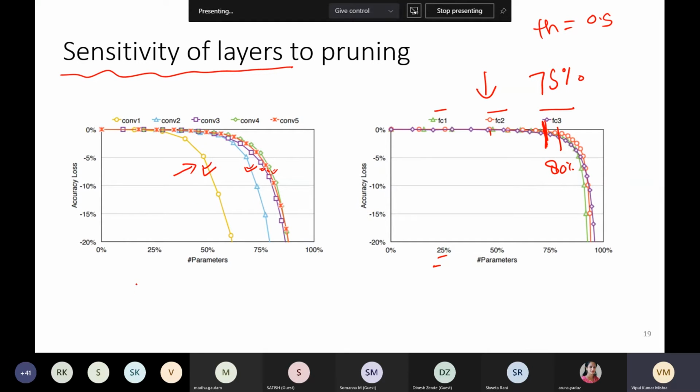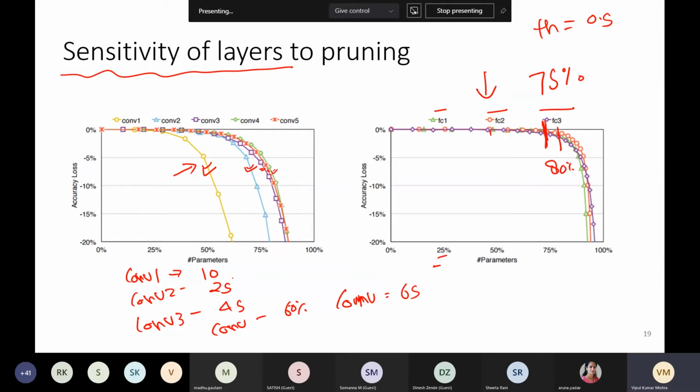So let's remove from Conv 1 just 10%. Conv 2, just 25%. Conv 3, 45%, let's say. Conv 4, just 60%, right? Similarly, Conv 5, we remove, let's say, 65%.